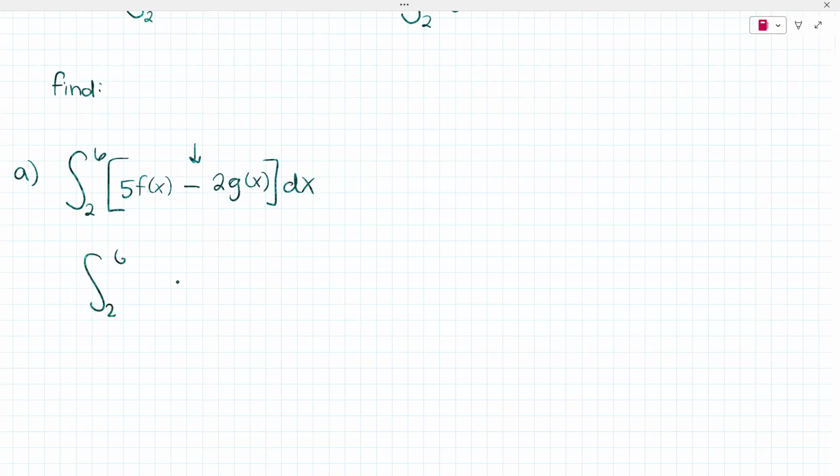From 2 to 6 of 5 f of x dx minus the integration of 2g of x dx. Now I have a constant in front of the f of x and a constant in front of the g of x. So what can we do with those constants? Put them in front of the integration.